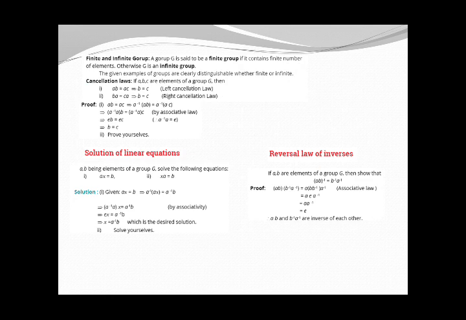Now some solutions of linear equations. We have Ax is equal to B. We multiply both sides by A inverse, and A inverse into A is equal to identity. And therefore it shows the answer x is equal to A inverse B. And this is the law of inverse.